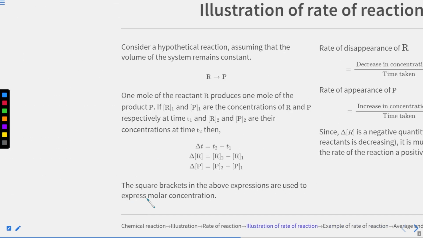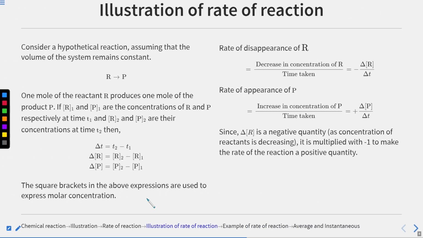Now next, this is how we can quantify our rate of reaction. We consider a hypothetical chemical equation in which reactant R goes to product P. Now 1 mole of the reactant R produces 1 mole of P. So it is quite clear from this reaction that the stoichiometric coefficient is 1 for both the reactant and the product.